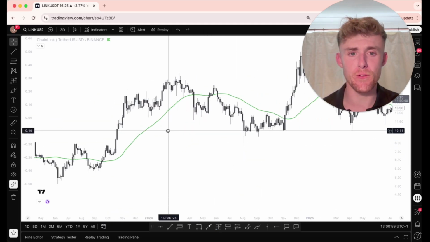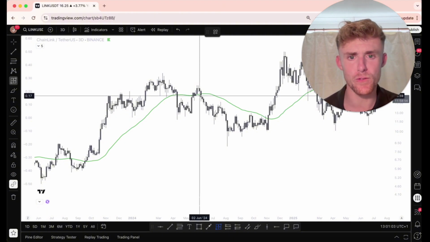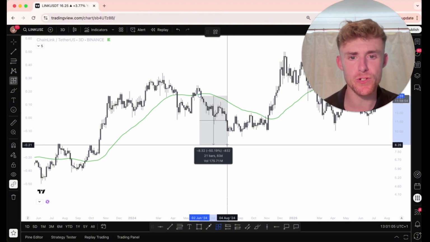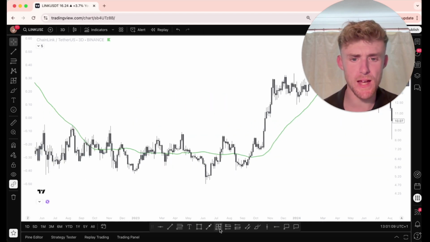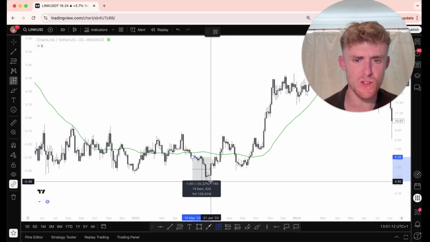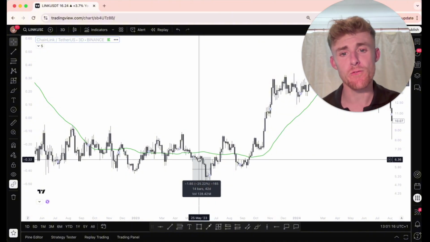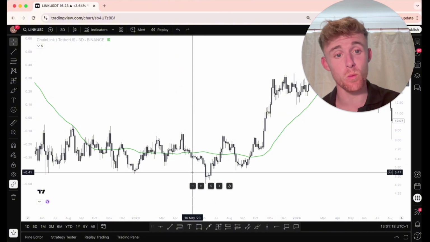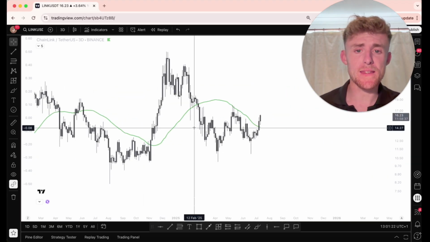If we go back even further, to the last time, which would be here in June of 24, close below, you saved yourself from a 50% loss. And you can see time and time again, once it goes below that green line, that's how you're saving yourself from those awful losses, because you don't want to be the one left holding the bag, right? So that's your exits covered.